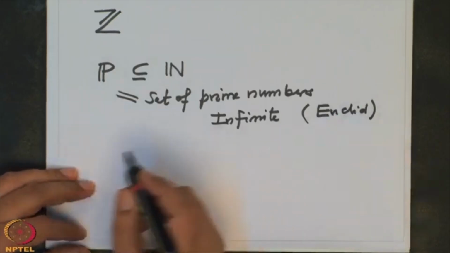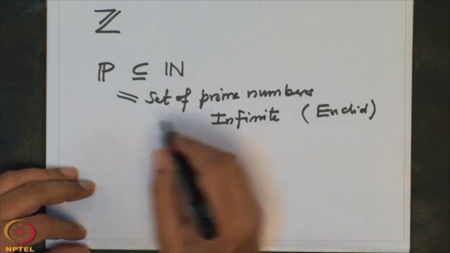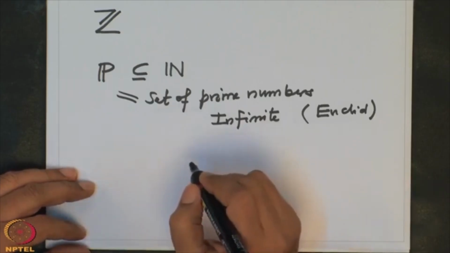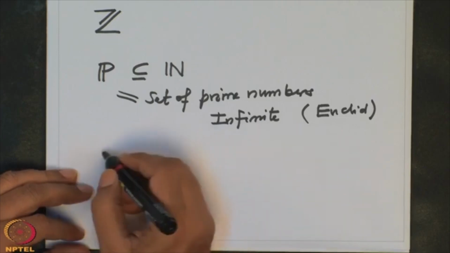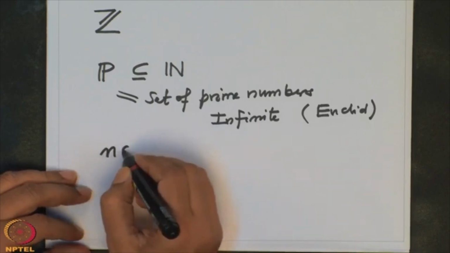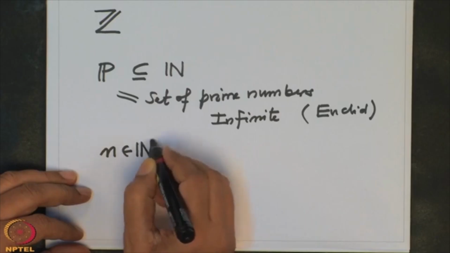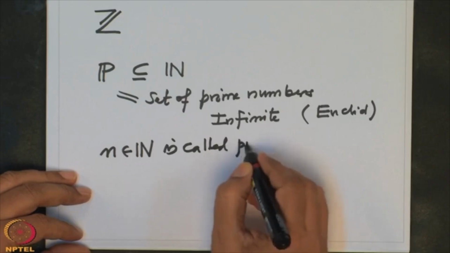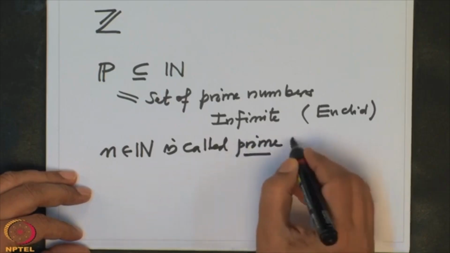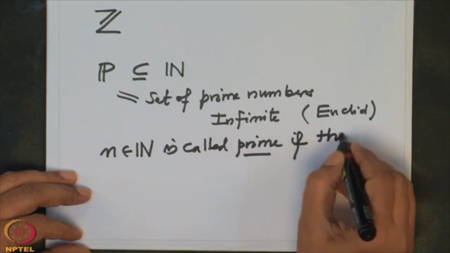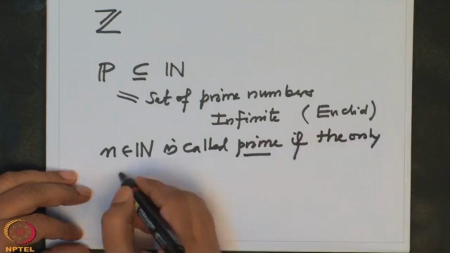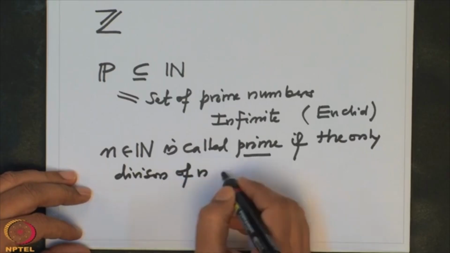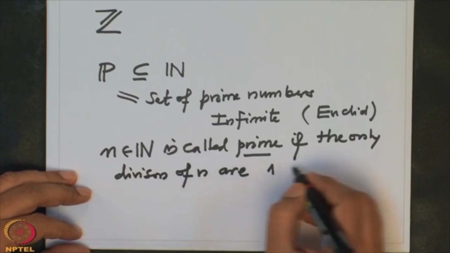Not only that, so what was the definition of a prime number? A natural number n is called prime if the only divisors of n are 1 and n.